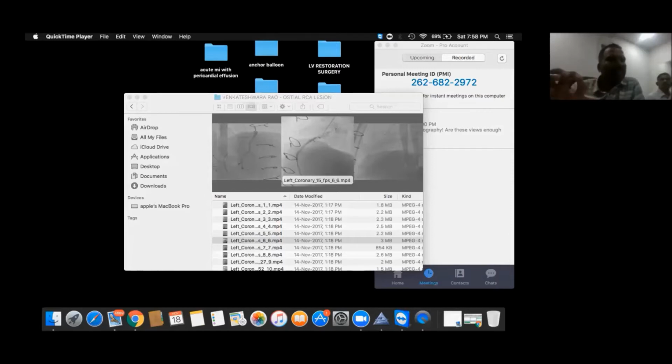Then that is the ostium. You take a view where your ostium is well separated from the sinus, take a picture of your IVUS catheter location and keep it as your reference frame.